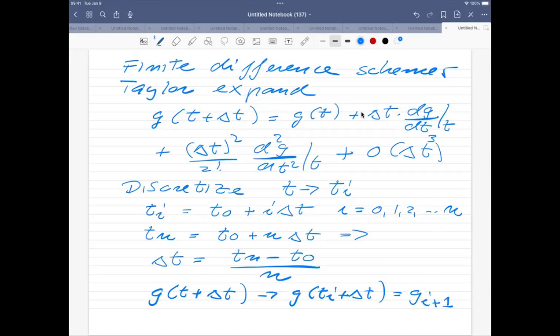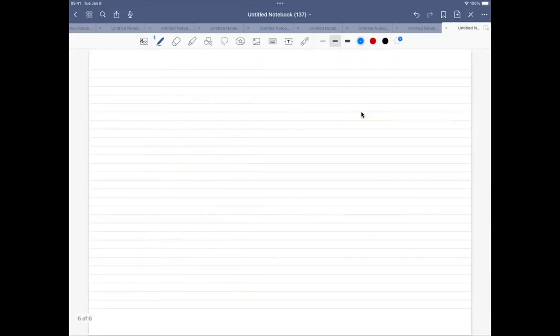So if we now look at the equation which we Taylor expanded, we would now have the following recipe. We would have g of i plus 1, which is equal, and now we are going to simply stop at the first derivative. And that gives us g of i plus delta t multiplied with g of i derivative.